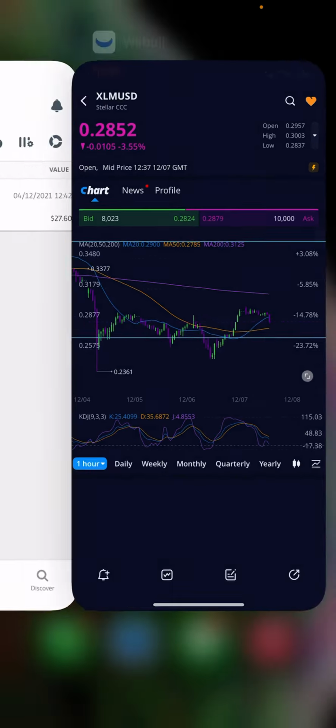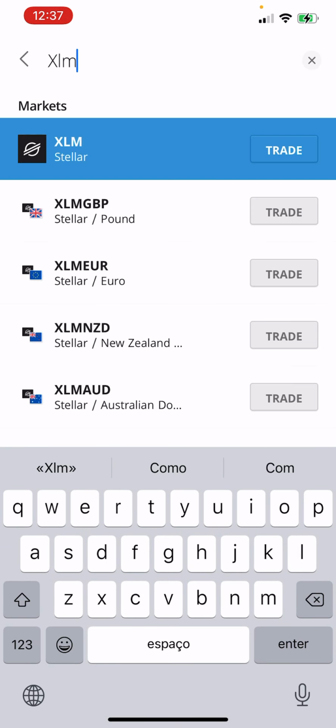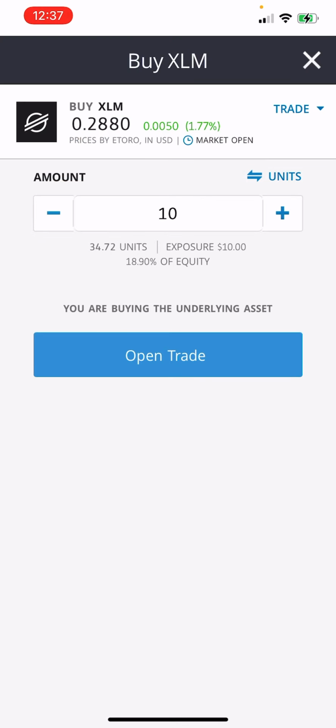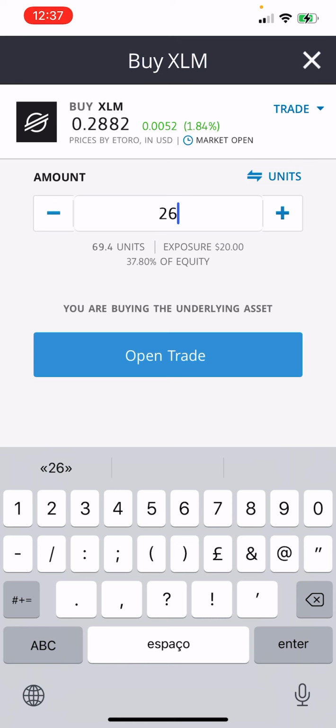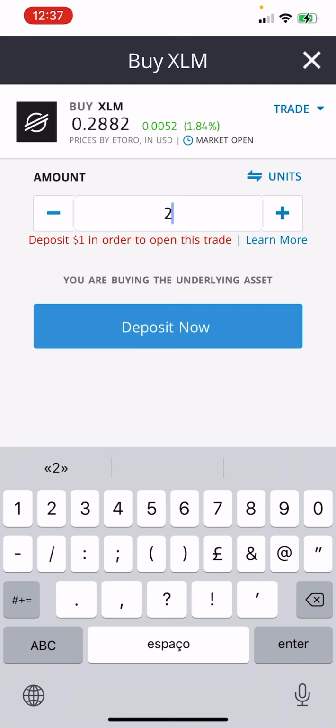We go back to eToro. We check XLM. So we go trade. We go around $25 currently.